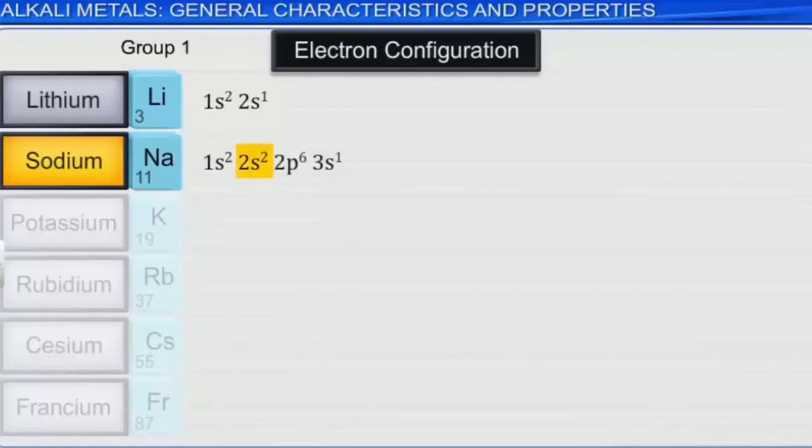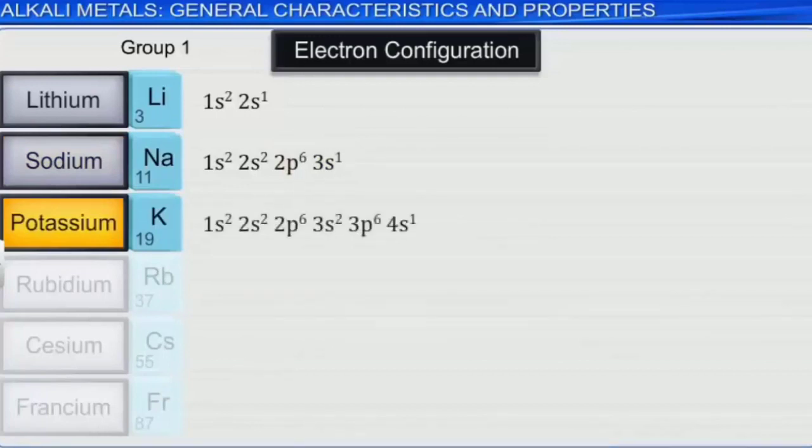Similarly, if you are taking potassium, the atomic number is 19. So, the electronic configuration is 1s2, 2s2, 2p6, 3s2, 3p6, 4s1. In all these electronic configurations, if you see, the outermost orbital carries only 1 electron.